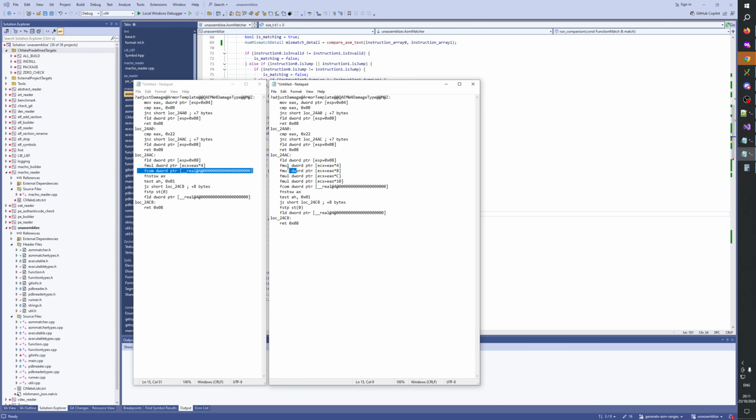Yeah, K1 is 0 here. 1, 2, 3. 3. And then there is a match.